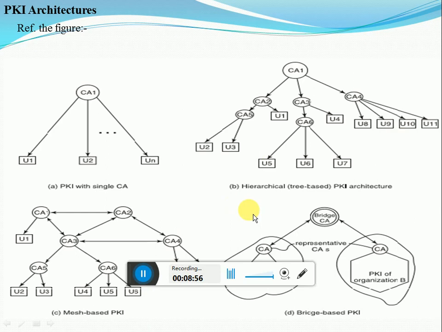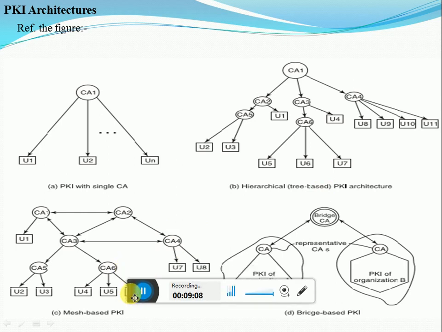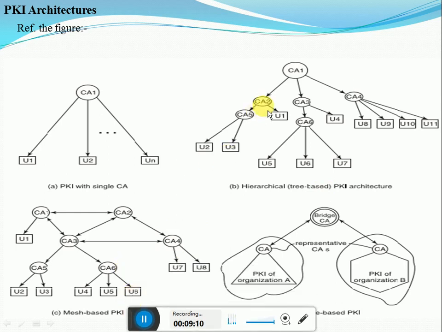The major advantage of this hierarchical PKI architecture is that it helps us to solve the problem of scalability. But consider a situation where user 1, U1 here indicates user 1, needs the public key of, we'll talk regarding U5.